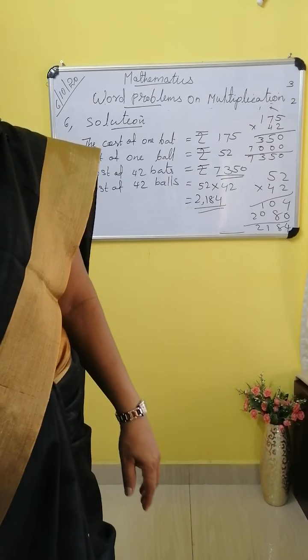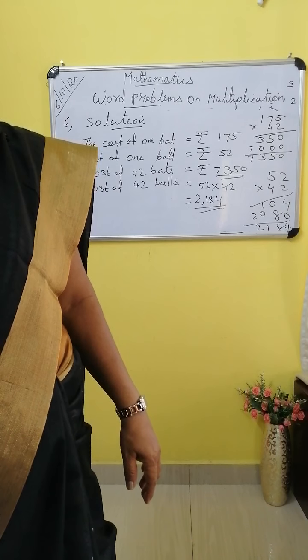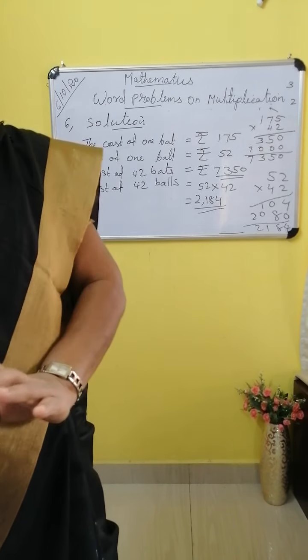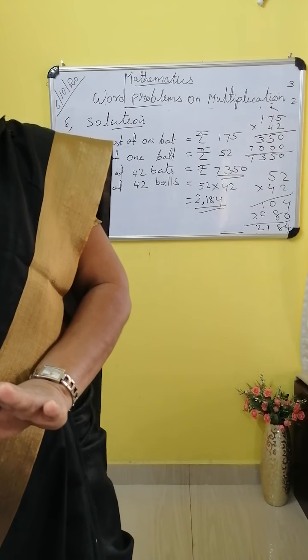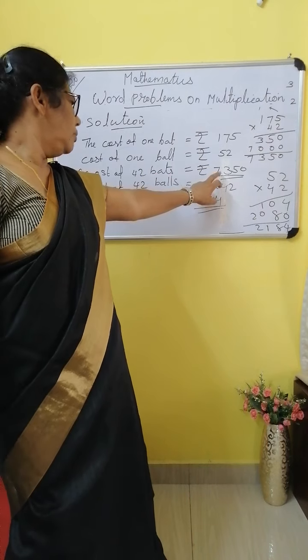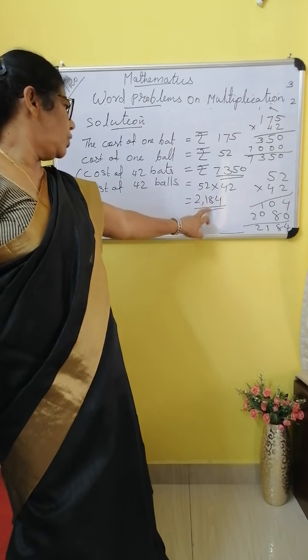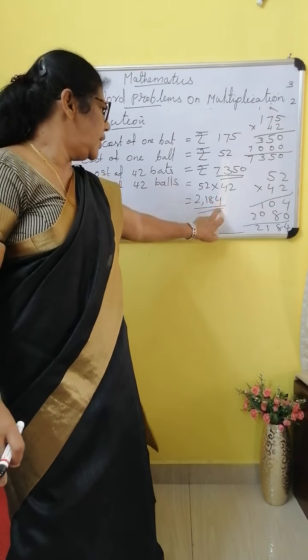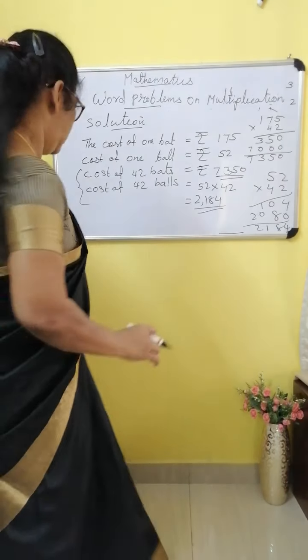2184. Then what do we have to find out? Total cost of 42 such bats and balls. So what do we have to do now? This is the cost of 42 bats. Then this is the cost of 42 balls. These two numbers we have to add.